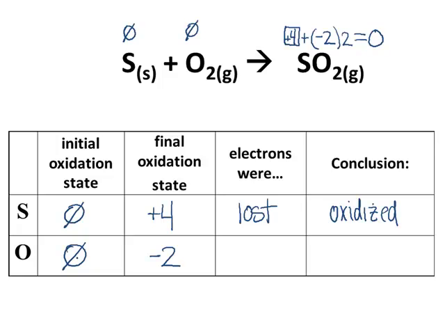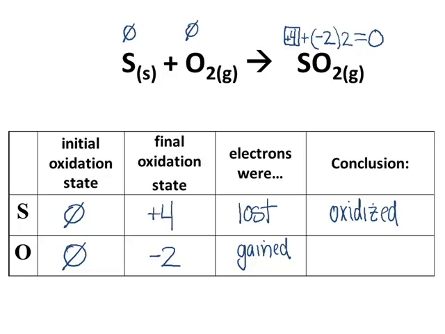My oxygen started at a 0 oxidation state and ended at -2. In this process, it must have gained 2 electrons. Remember, electrons are negatively charged, so gaining 2 of them will give you 2 negative charges. So in this process, electrons were gained.